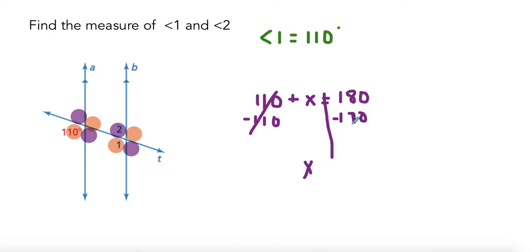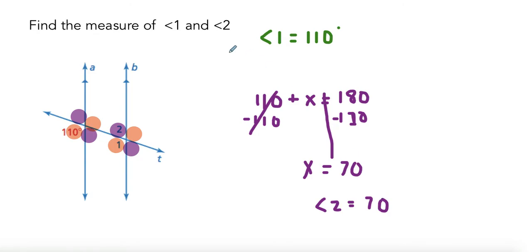And 180 degrees minus 110 degrees equals 70. So to answer this problem, the measure of angle 1 equals 110, and the measure of angle 2 equals 70 degrees.